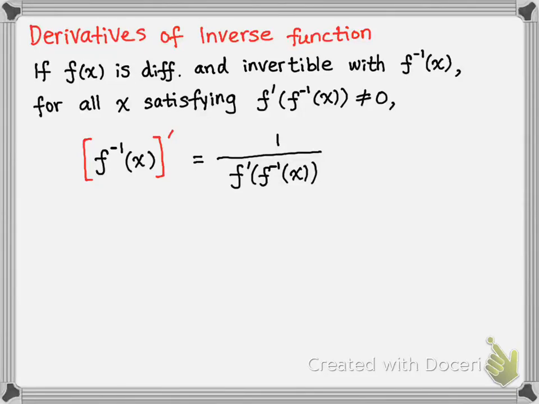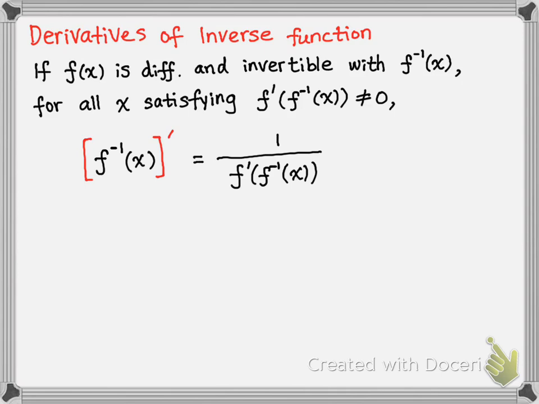Derivatives of inverse function. If f of x is differentiable and invertible with its inverse denoted by f inverse, so f with a negative 1 on top is not the reciprocal of the function f, it's the inverse of the function.